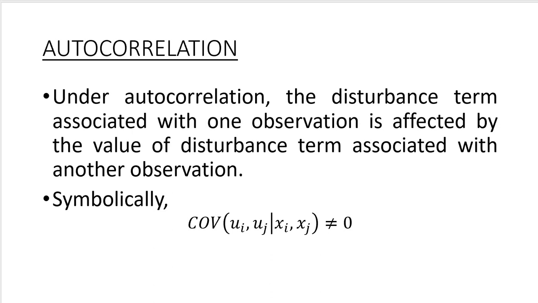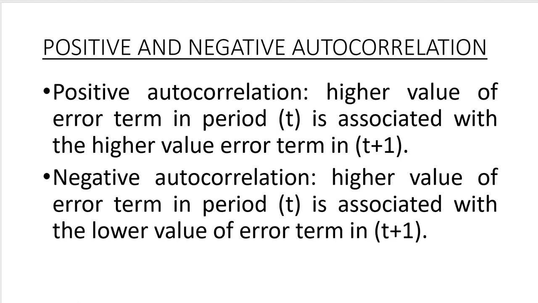So we can deal with both positive and negative autocorrelation. Positive autocorrelation occurs when a higher value of the error term in period t is associated with a higher value of the error term in period t plus 1. Negative autocorrelation occurs when a higher value of the error term in period t is associated with a lower value of the error term in period t plus 1.